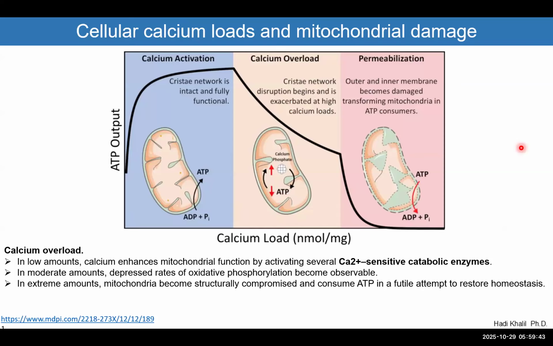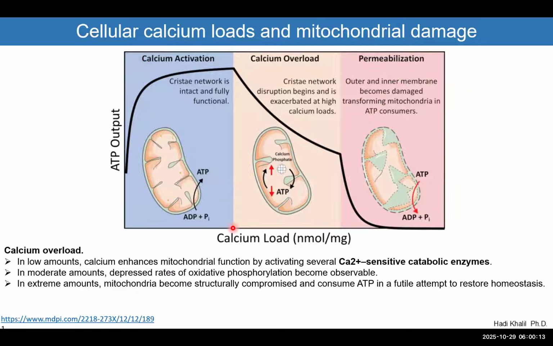So what's the relation between the calcium load and the mitochondrial function? This is real data, in fact, based on experiments, showing that the activation level of the generation of ATP is strictly dependent on the levels of calcium.